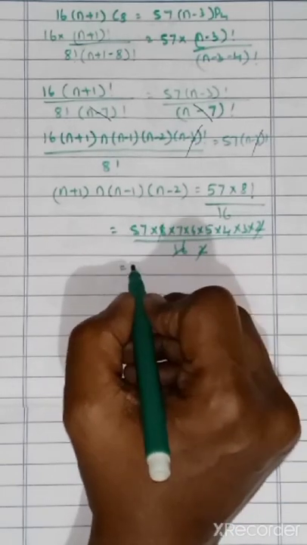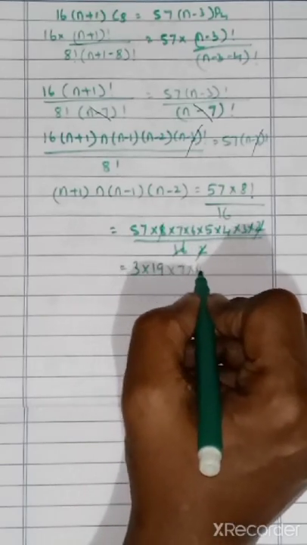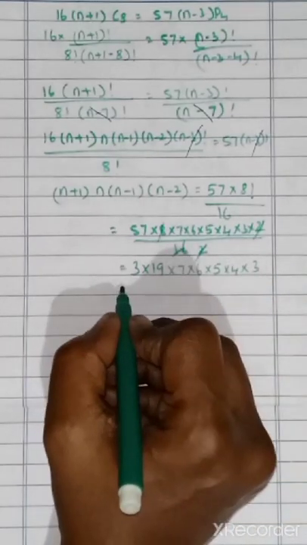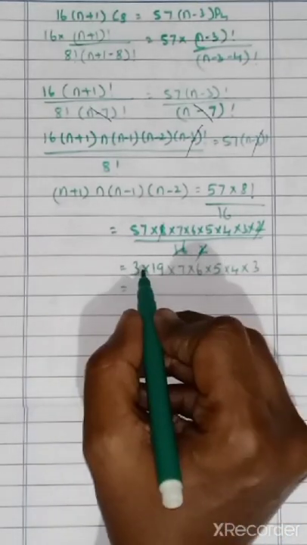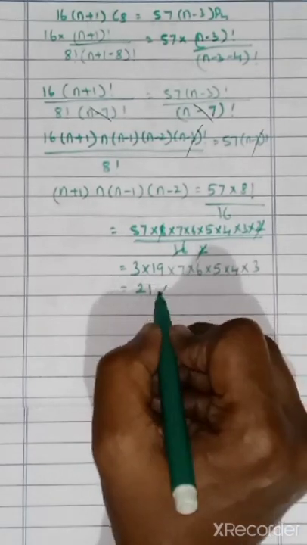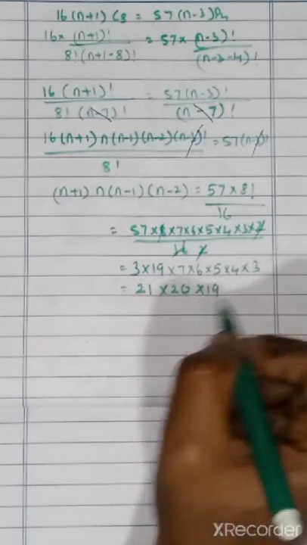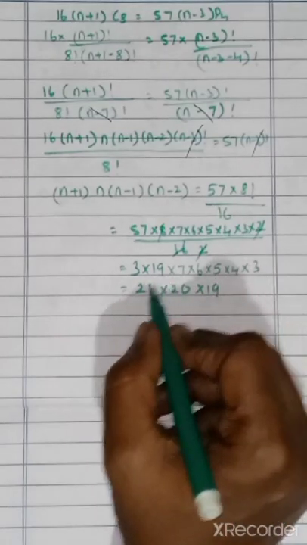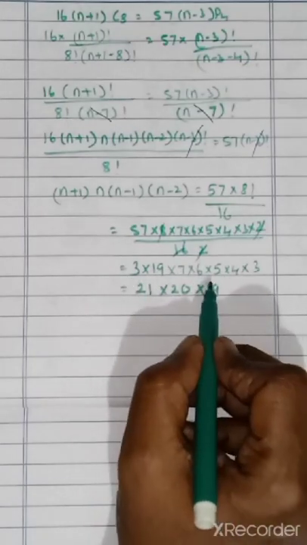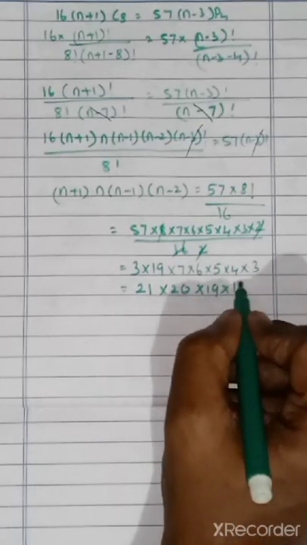So this 57 can be taken as 3 into 19 into 7 6 5 4 3, correct? Again if you take this one, 7 3s are 21, 5 4s are 20, 19, again 7 3s are 21, 6 3s are 18.